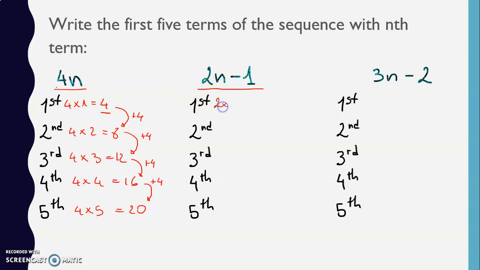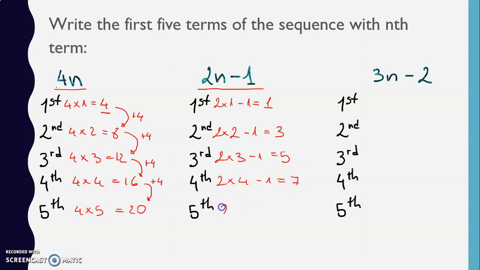So 2 times 1 minus 1, which leaves us with 1. 2 times 2 minus 1, which leaves us with 3. 2 times 3 minus 1, which is 5. 2 times 4 minus 1, which is 7.